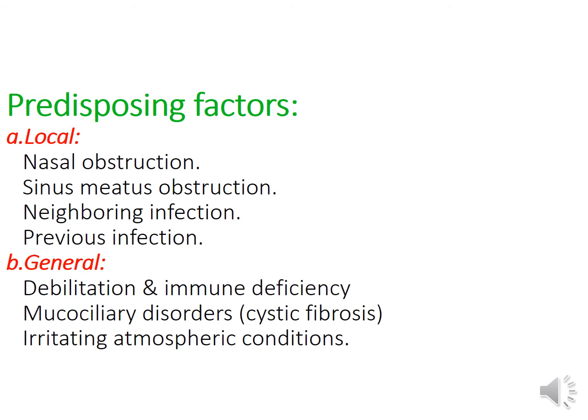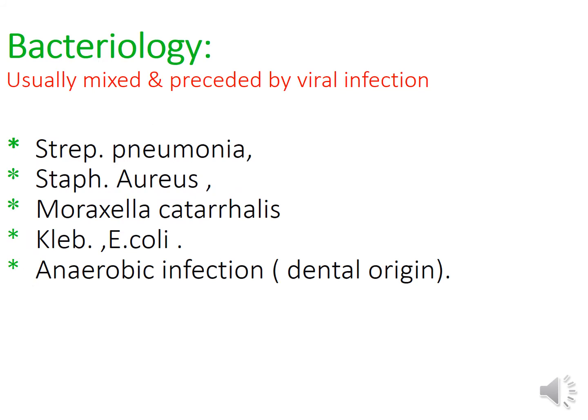General predisposing factors include debilitation, old age, immune deficiency, mucociliary disorders like cystic fibrosis, or atmospheric irritation, like high fever or change in the weather, causing edema of the ostia of the sinus.